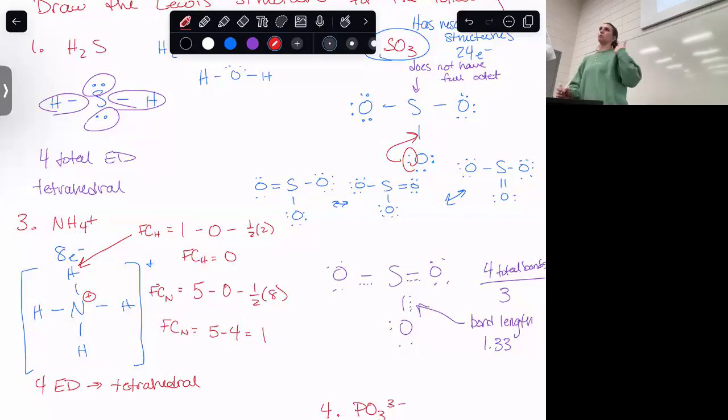Going back to SO3, how many electron domains were in SO3? So just look at one structure. How many electron domains are there? We don't count the lone pairs on the other atoms.